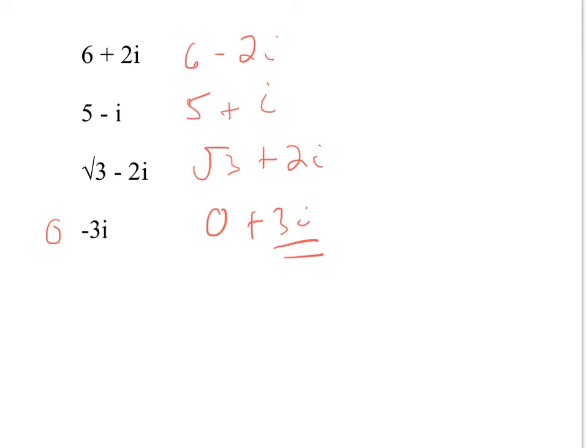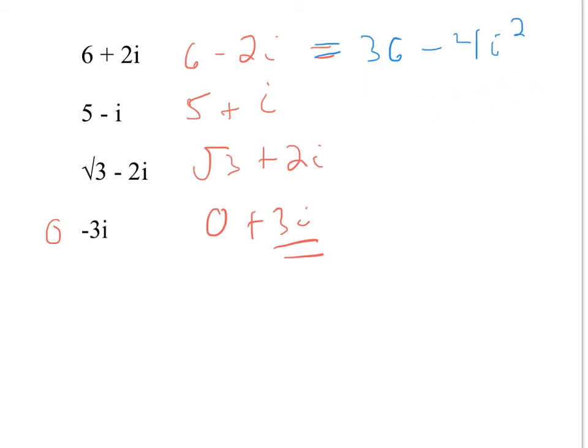If I multiply these numbers by their conjugates, the first one is going to be, I'll do that in blue so we can see, 36, 6 squared, minus 2i squared, which is 4i squared. 2i quantity squared is 4i squared, right?